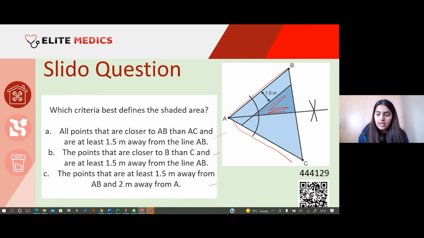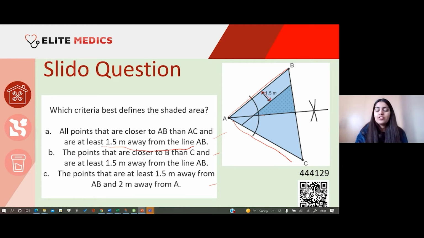Even if I took an extreme point over here, this point would still be closer to AB than it is to AC. And it needs to be at least 1.5 meters away from the line AB. Everyone got that bit correct, so well done. It is at least 1.5 meters away because you've got this huge area with a width of 1.5 meters.